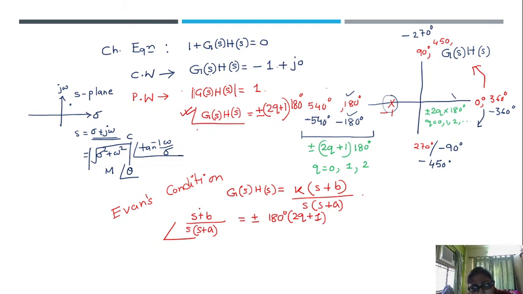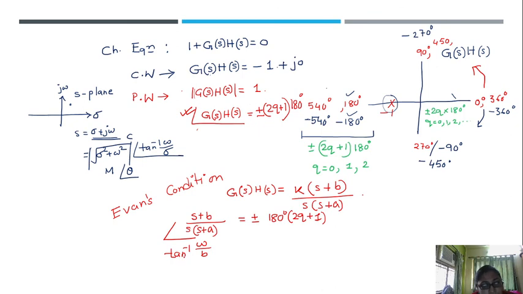Now, what does this mean? You have to put j omega instead of s. So for the numerator it will be tan inverse of omega by b.